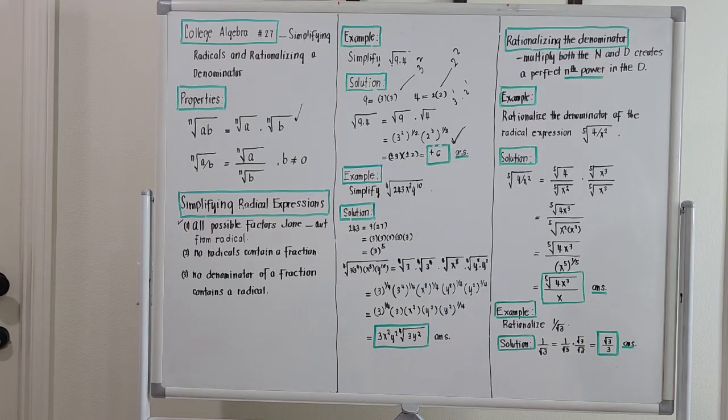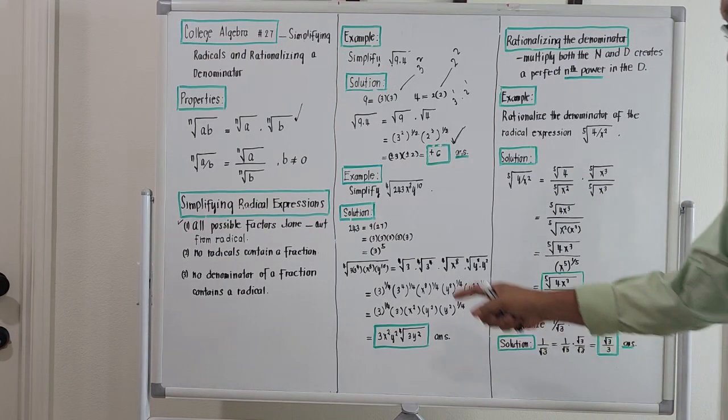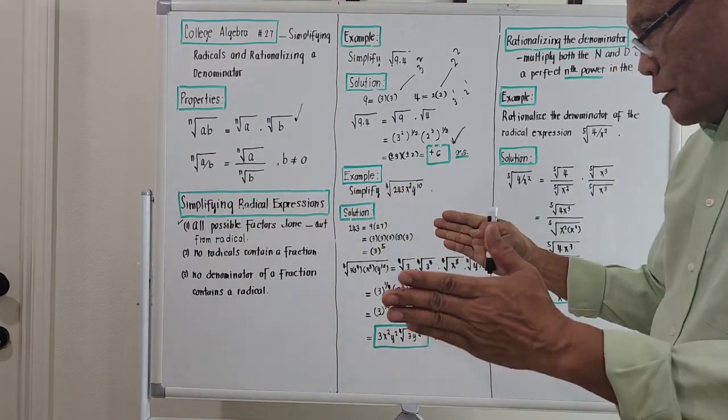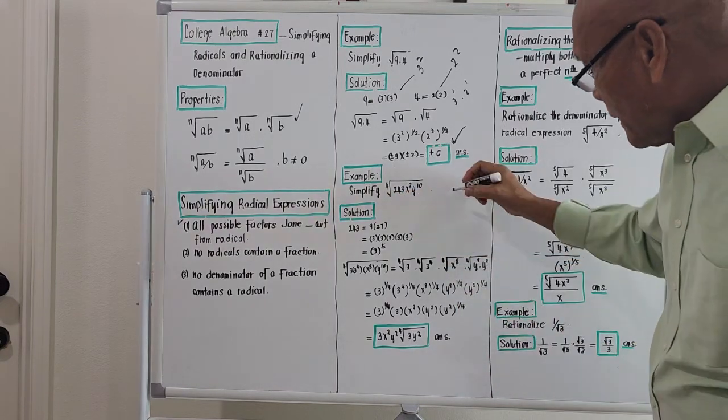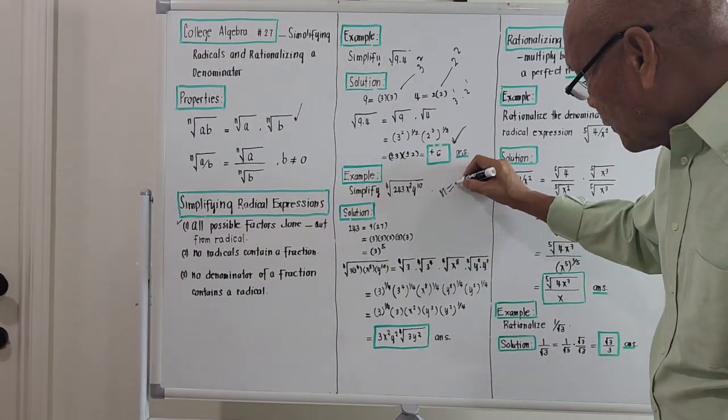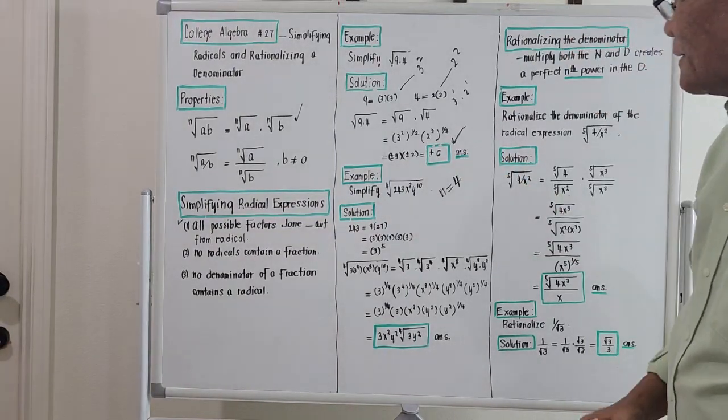Example number 2, for simplification. Simplify the given radical expression. The index here is n equal to 4, right?